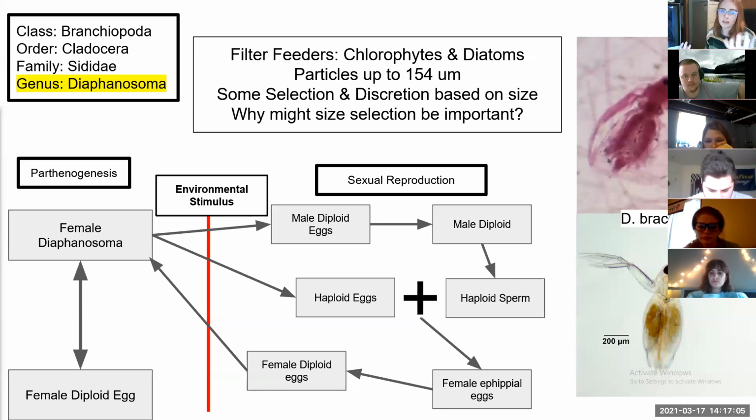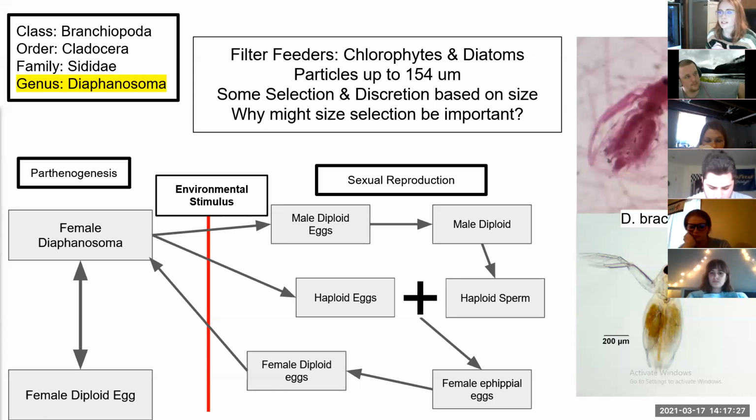Other female Diphanosoma will produce haploid eggs. The haploid eggs combine with the haploid sperm to produce these female aphilial eggs. These female aphilial eggs kind of work like the diapause. So these eggs can sit and wait until conditions are right, and then they turn into female diploid eggs. And then parthenogenesis begins again.